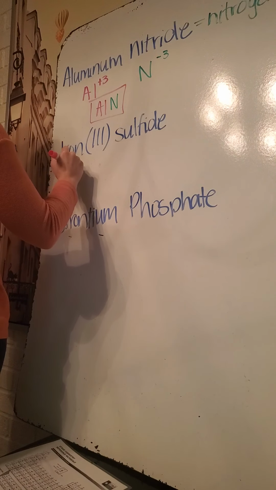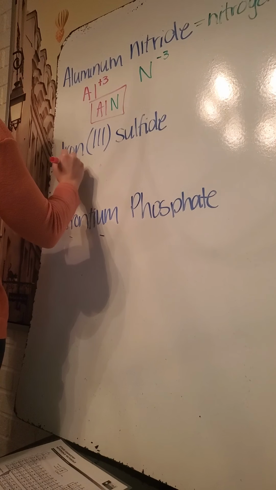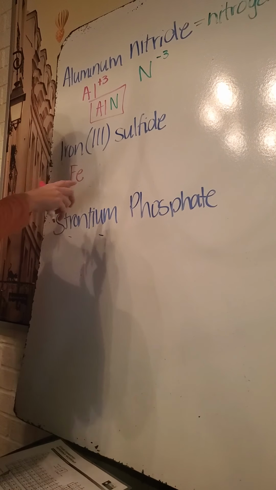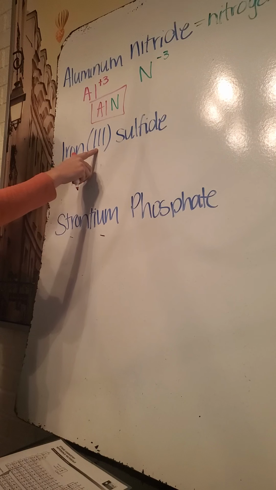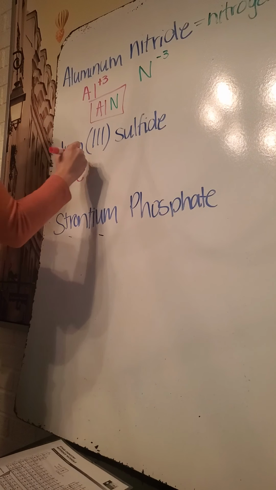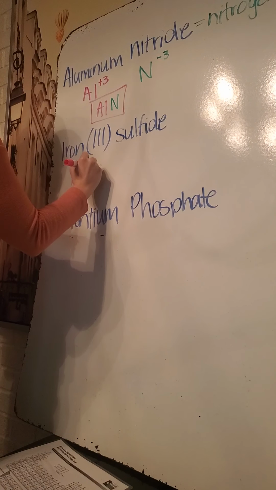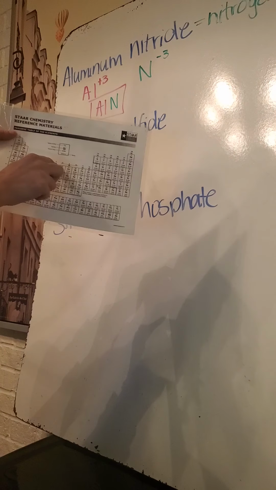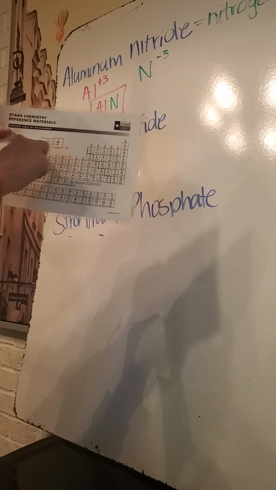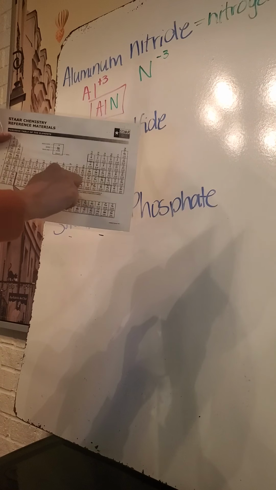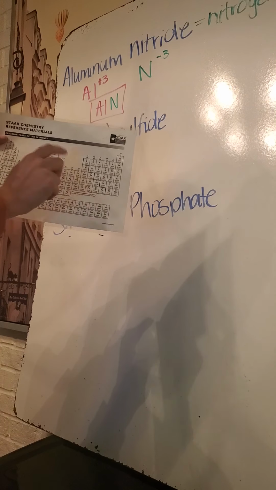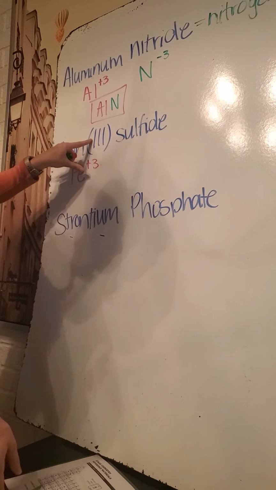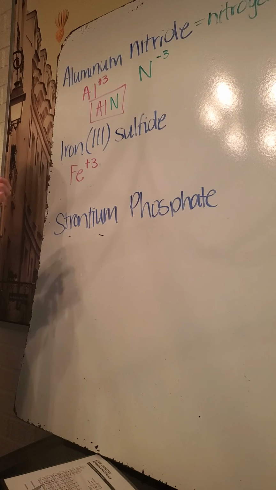Down here we've got iron, so we know iron is Fe. Remember that when we have a transition metal, this right here tells you what the charge is. If we look at our periodic table, iron's going to be right here. We don't know, this block can form many different ions, so that's why we need those Roman numerals to tell us what's going on.